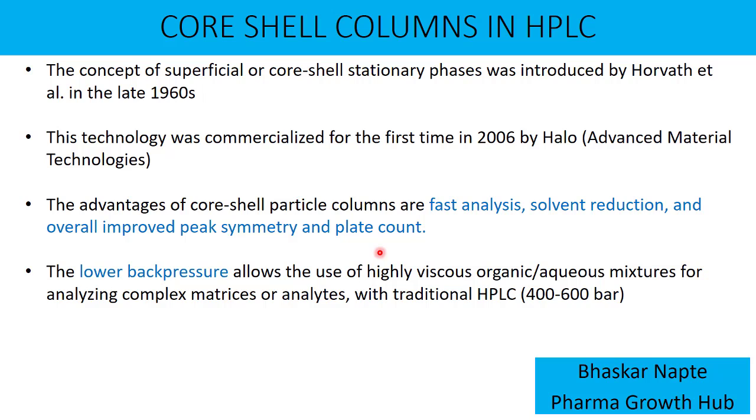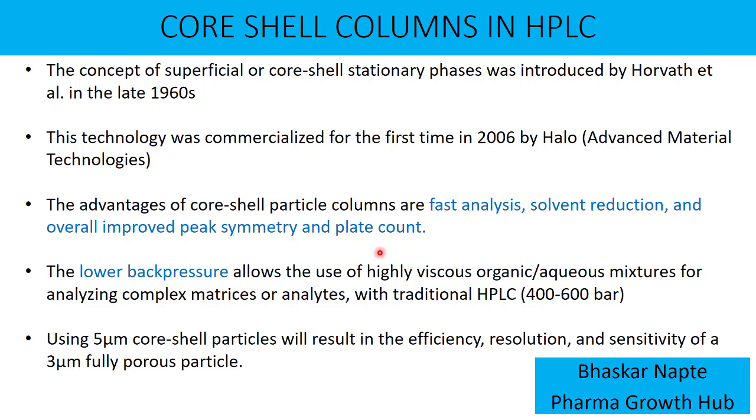It is also important to note that by using 5 micron core shell particles, you will be able to achieve the efficiency of 3 micron porous particles. 5 micron core shell particle performance is equal to 3 micron fully porous particle performance. That means you can achieve the efficiency of UPLC by using HPLC with core shell particles. So that is the advantage of core shell columns.